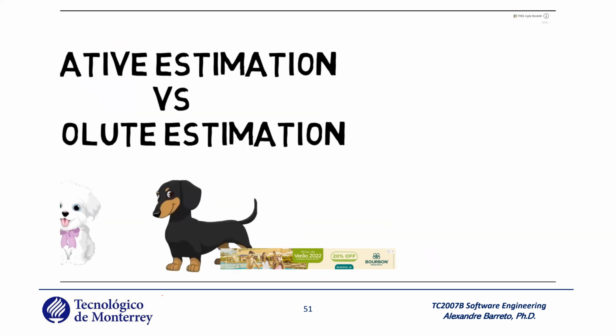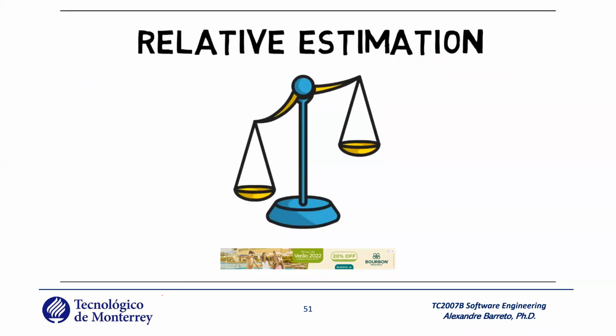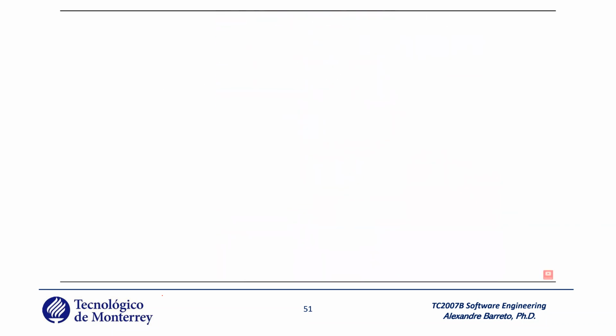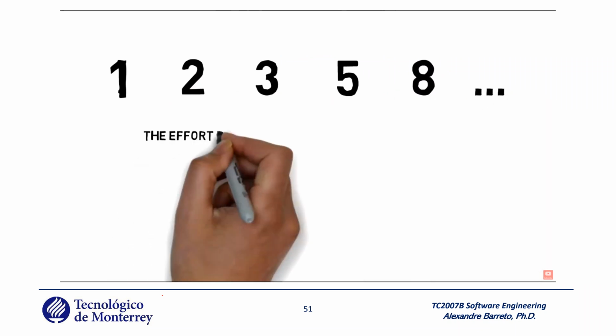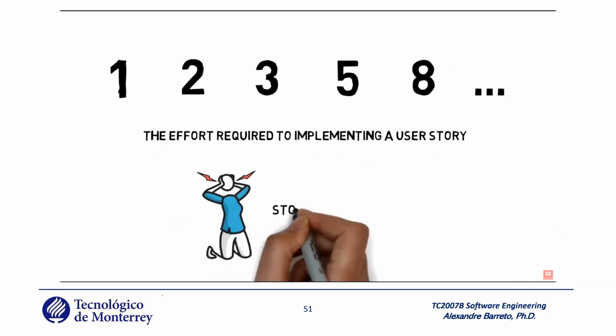Relative estimation means that we judge how big or complex a task is with respect to other tasks. And one of the units of complexity that can be used in this kind of estimation is the story point. So a story point is a number that tells the team about the effort required to implement a given user story. One of the important reasons to use story point estimation instead of absolute estimation in hours or man-days is that absolute estimation has a kind of emotional attachment to it.